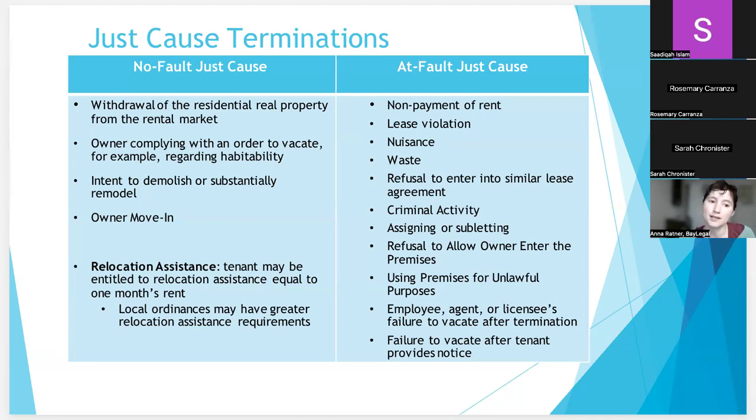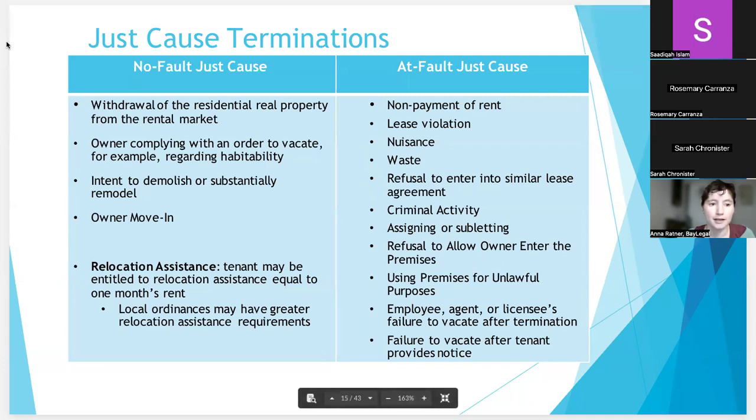No-fault just causes are, again, the landlord still has to give a reason for terminating the tenancy, and it has to be one of these specific reasons: withdrawing the property from the rental market entirely, complying with a court order to vacate the property, planning to demolish or substantially remodel the property, which has a specific definition, or the owner wants to move in or have an immediate family member move in.